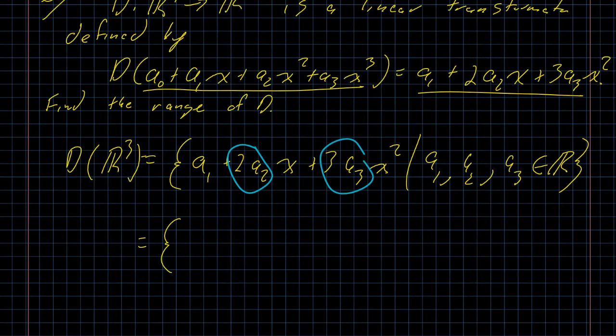If I write b1 as a1, not to change anything at all, if I write b2 as 2 times a2, again, no matter what I want b2 to be equal to, I can find a real number a2 that will make that work. And likewise, I'm going to let b3 be 3 times a3. And no matter what value I want for b3, I can take a third of it, I can call that my a3, and this will still work.